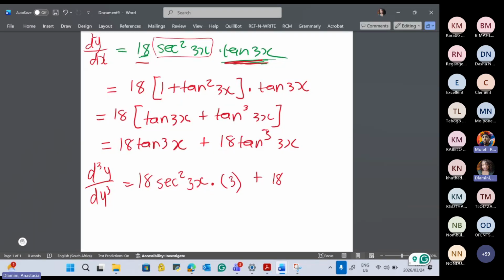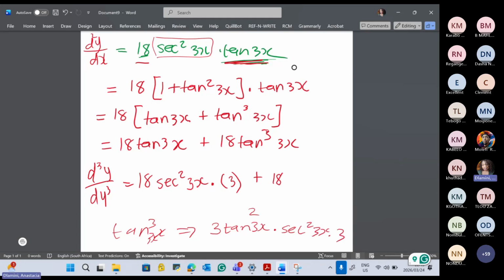Guys, what's the derivative of tan cubed 3x? What is the derivative of that? How are we going to use the chain rule? It's going to be 3 tan squared 3x into sec squared 3x times 3.